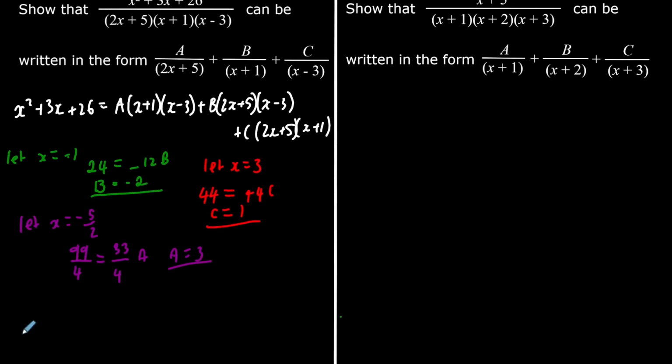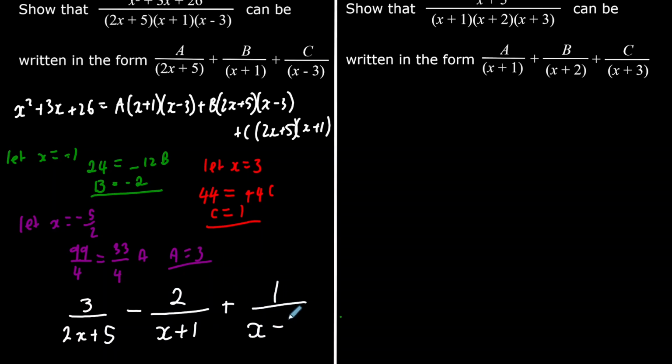So we can just write this now as 3 over 2x plus 5. B is negative 2, so minus 2 over x plus 1. And c is 1, plus 1 over x minus 3.